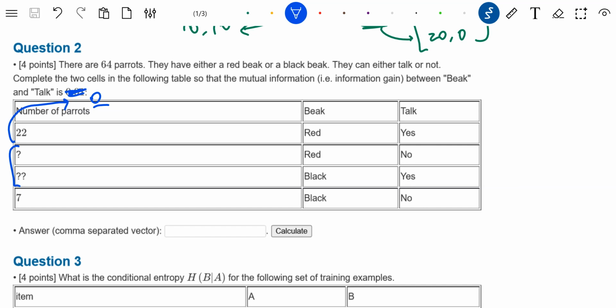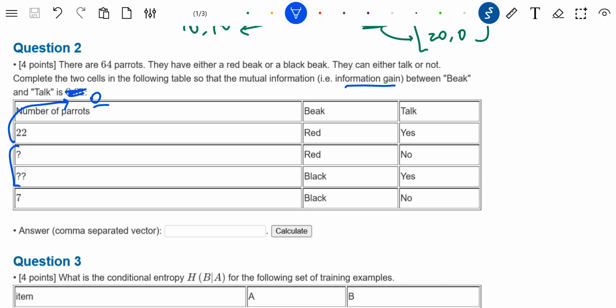In any case, the information gain is exactly zero if two variables are independent. I think there is a question from the homework that asks about this. Basically, you have two missing entries, and you are asked to figure out what those probabilities are so that the variables are independent.